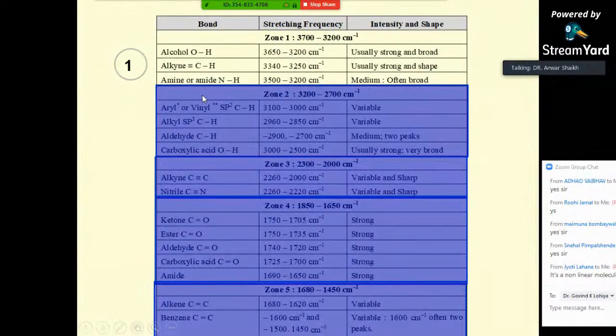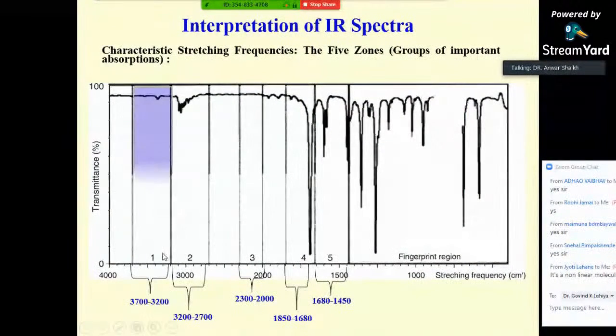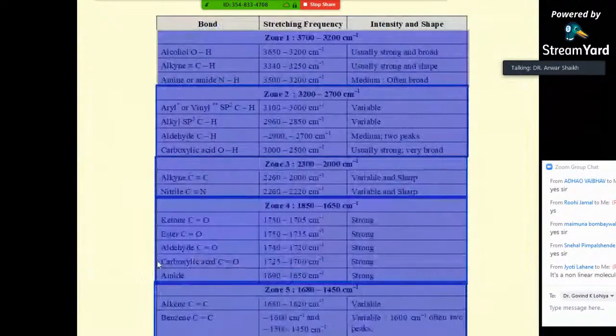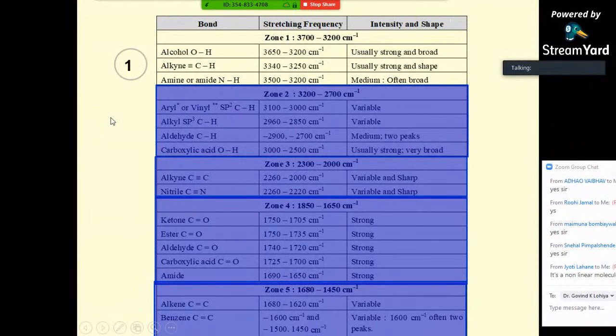So if you get any peak in this region, zone number 1, it indicates that the compound may possess the alcoholic OH group, or the alkyne sp CH, or the amine or amide NH.